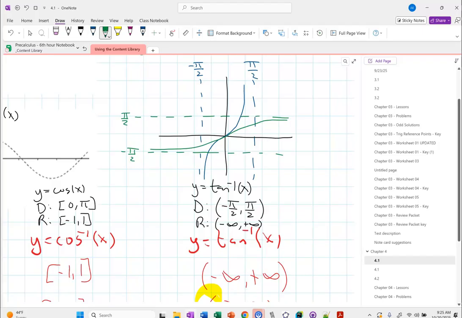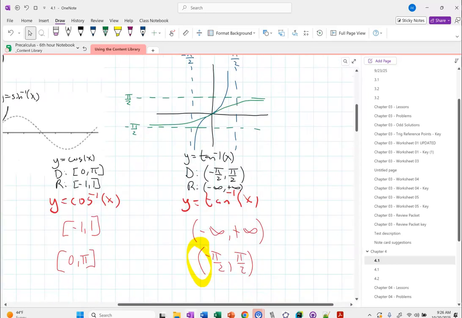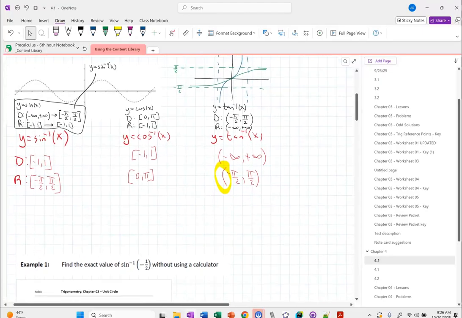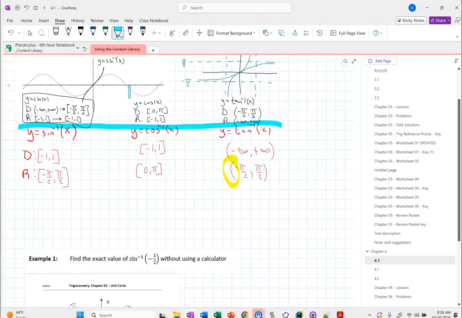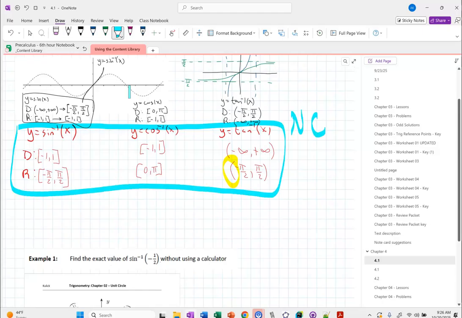Does that feel okay? This set of information, if I was making a note card for chapter 4, would be information that I think would be pretty good to put on my note card.